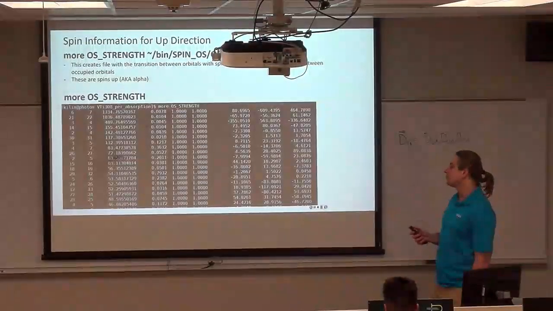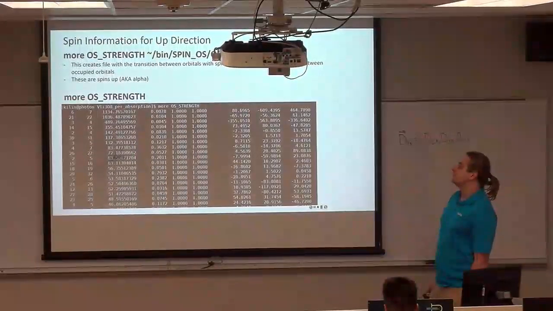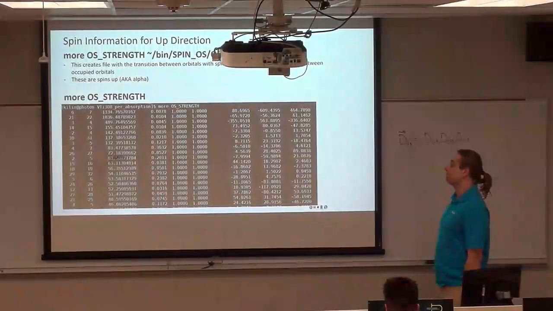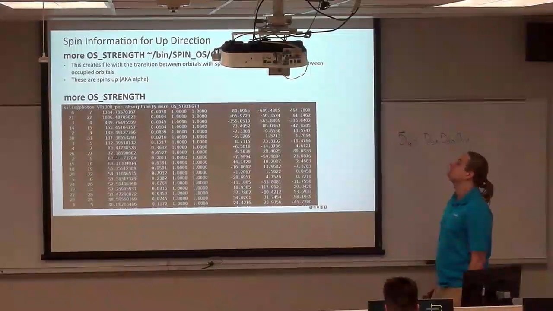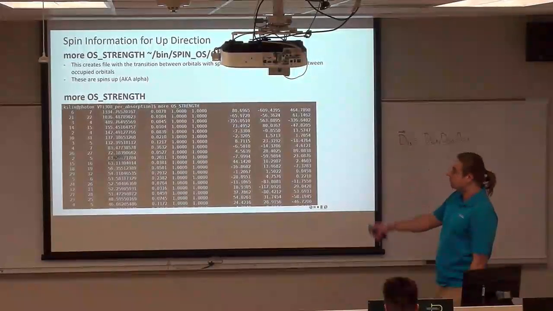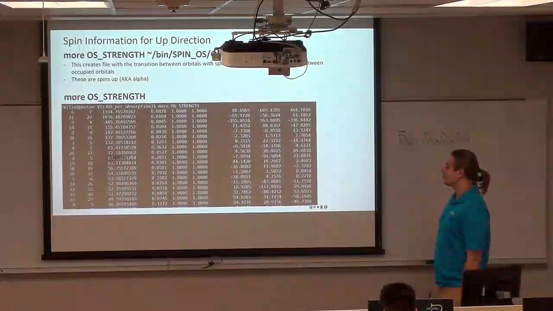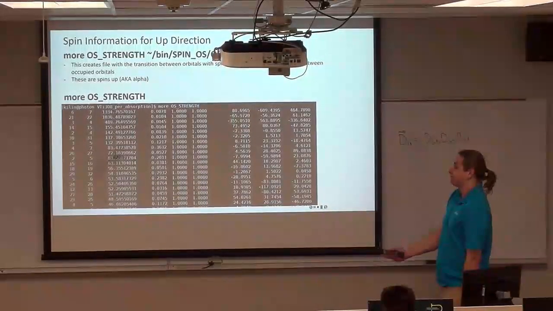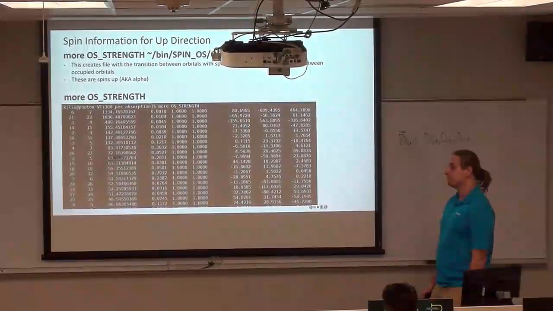Okay. So what happens if you look through this file further and further and inspect it? Will the occupations be 1 and 1 all the time? No. Okay, good. So which occupations will you observe? I don't know. It will be 1 and 0, 0 and 1, or 0 and 0.